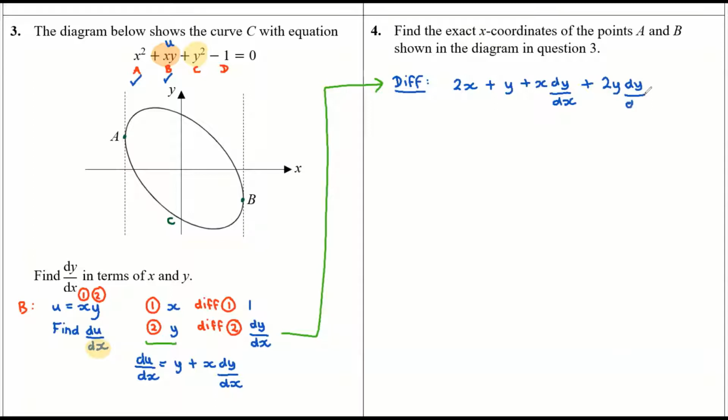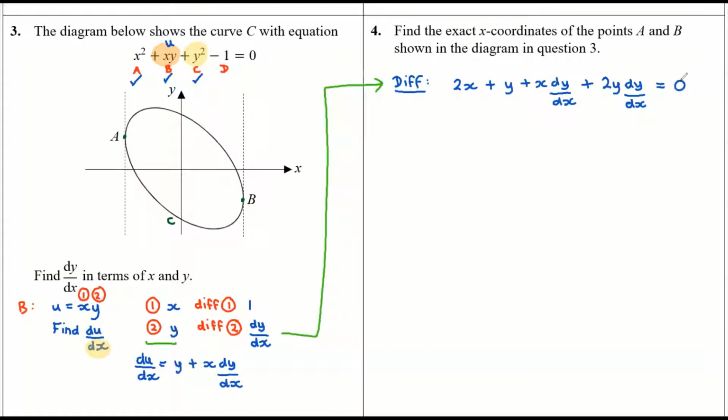If you need to revise this, go to the lesson in differentiation on implicit differentiation, and I explain why we use dy by dx as an extra factor. Then if we differentiate -1, we just get 0, so it's a constant. And then differentiate 0 on the right-hand side, and we just get 0.